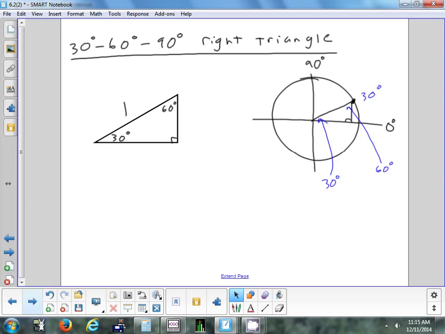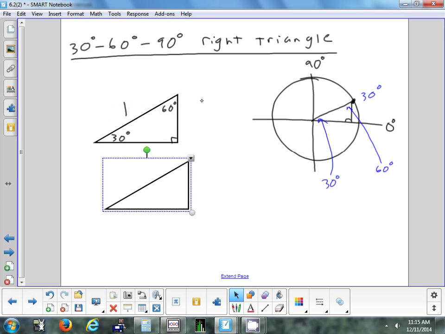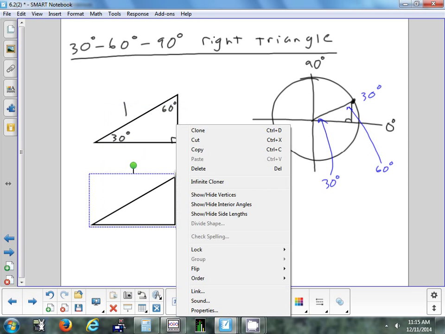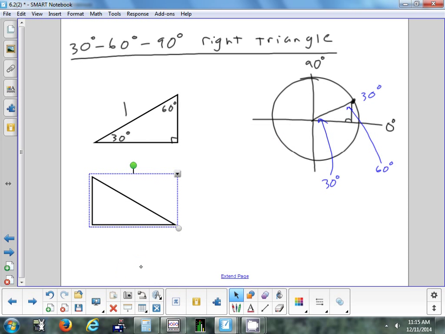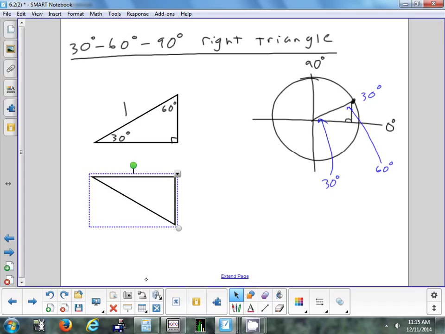I'm going to take this picture, make a copy of it, and reflect it. So what I want to do is take this triangle, copy it, and reflect it, not that way, the other way. What do you think I'm going to do with it now?